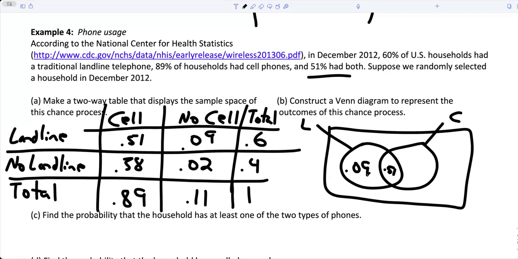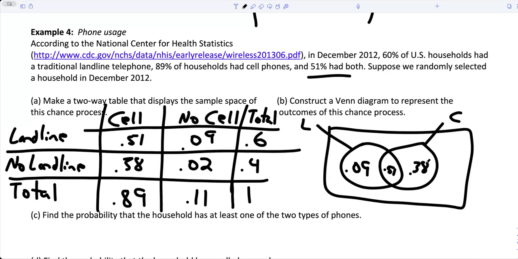Now, what was the total probability that had a cell phone? It was 89%. There's already 51% inside the circle, so there's got to be 38% to make the total 89%.